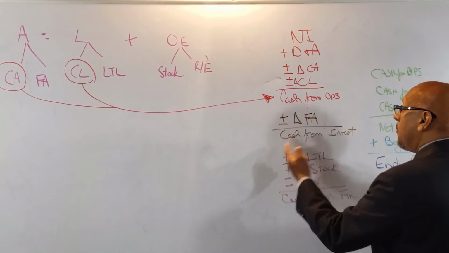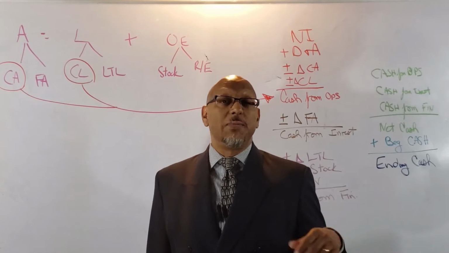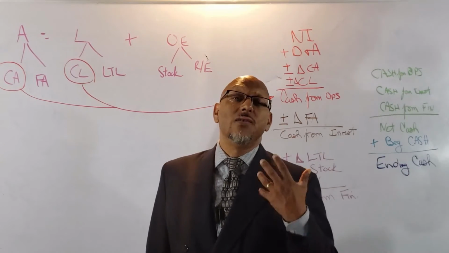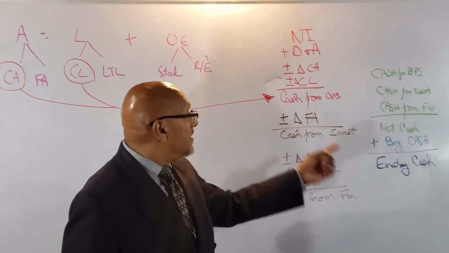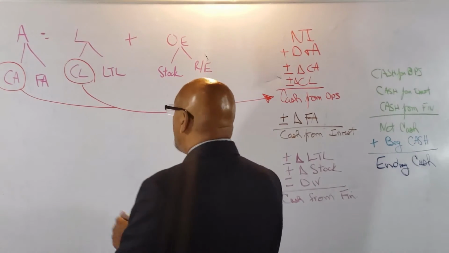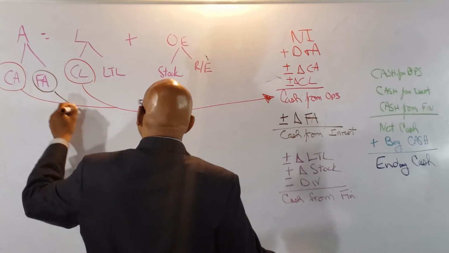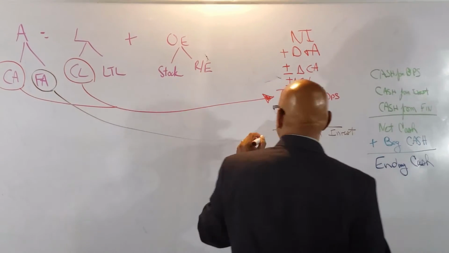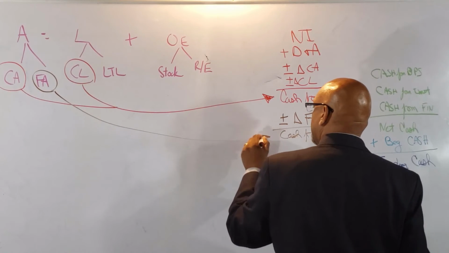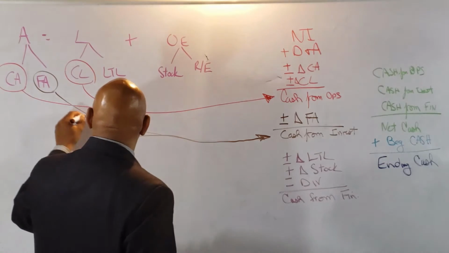So how do we grow? We invest by buying more assets. Or, as we talked about, there's the acquisition of assets, but there's also the disposal of assets. And that's what the investment is, we're divesting. So fixed assets directly relate to cash from investing.